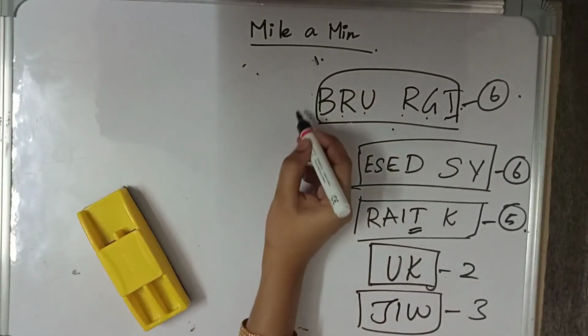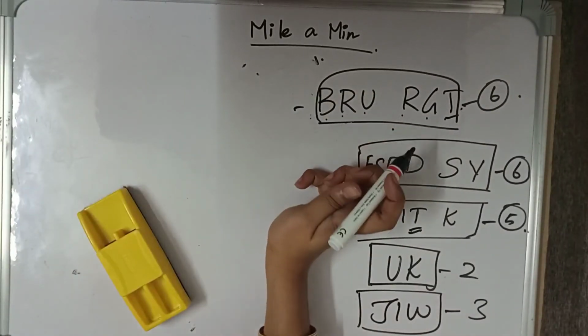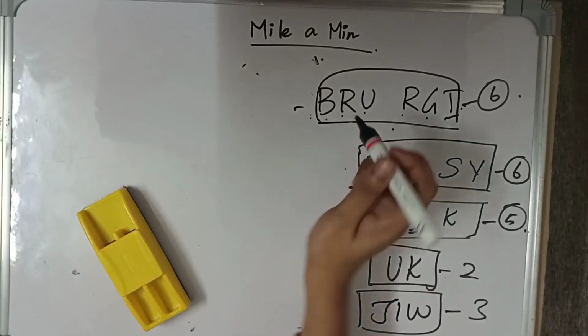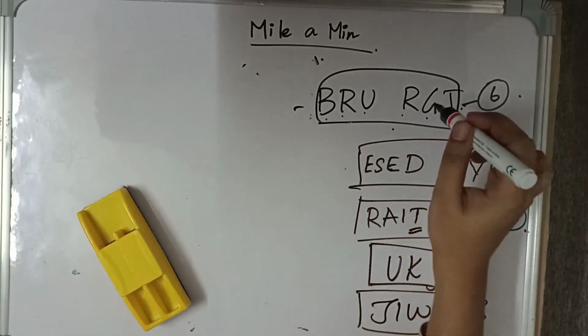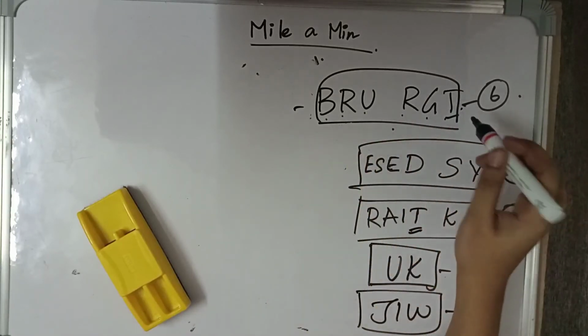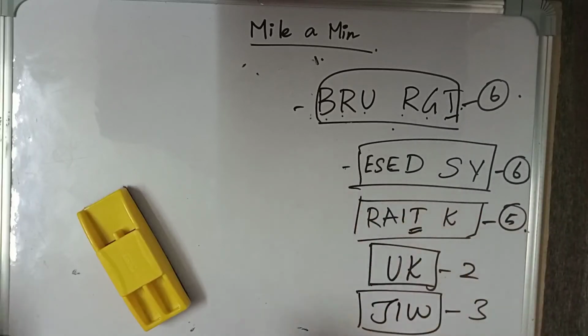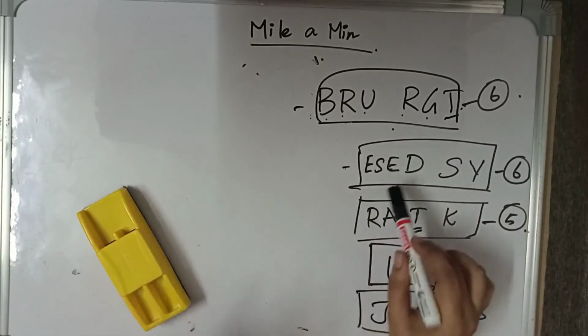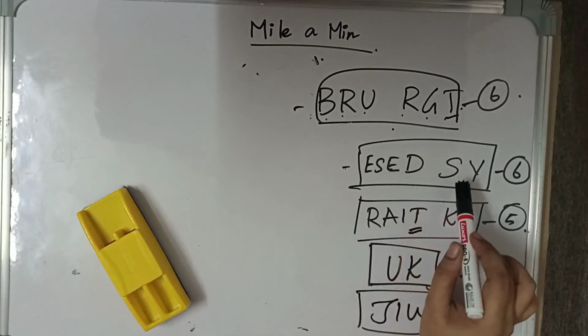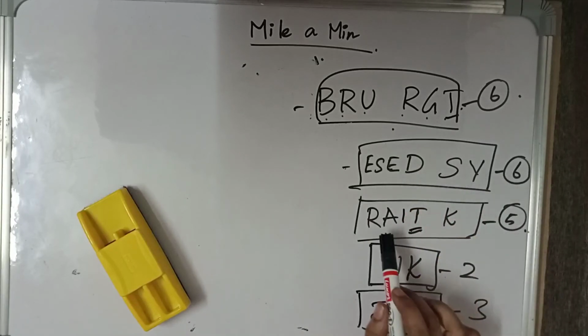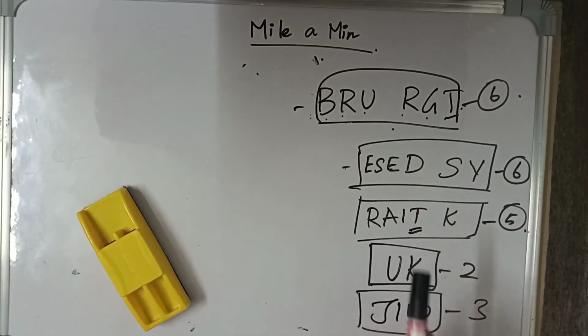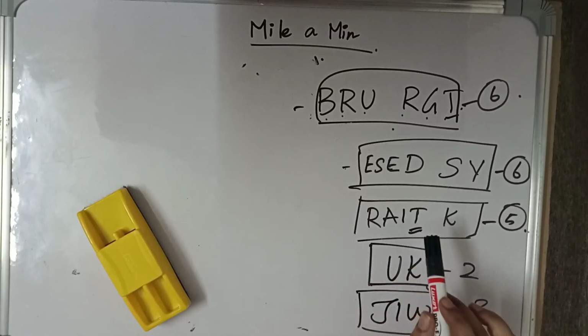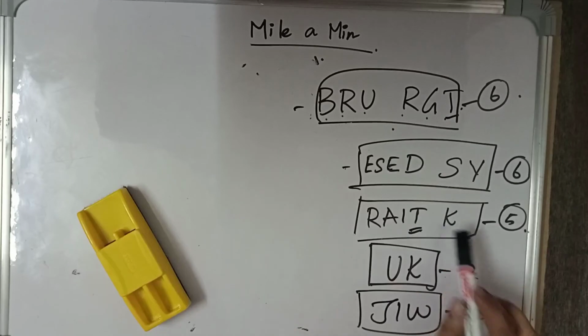So these are the things. First, it is a Black Sea, BRURGT, which means that Bulgaria, Romania, Ukraine, Russia, Georgia and Turkey share border with Black Sea. Then it is Red Sea: Egypt, Sudan, Eritrea, Djibouti, Saudi Arabia, Yemen. And this is for Caspian Sea: Russia, Azerbaijan, Iran, Turkmenistan and Kazakhstan.